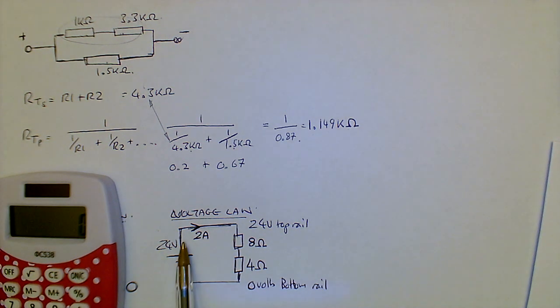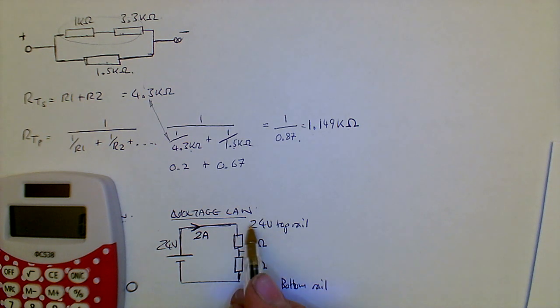You might recognise this, it's very similar to a potential divider, voltage being divided in a ratio over 2 different resistors, and we can actually show how that voltage is divided up. Well, it's used up here, it's used up here, so the result is 0.